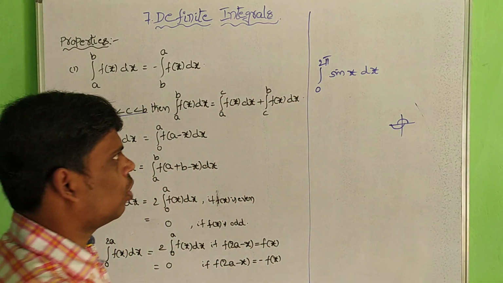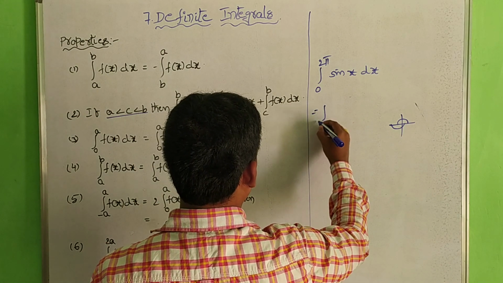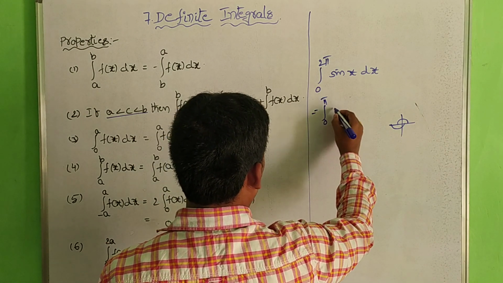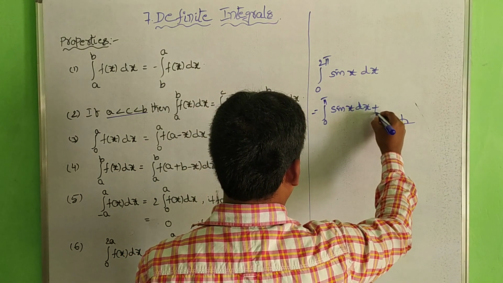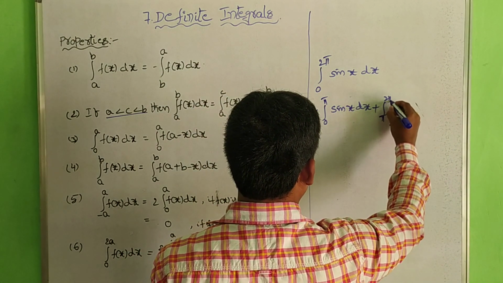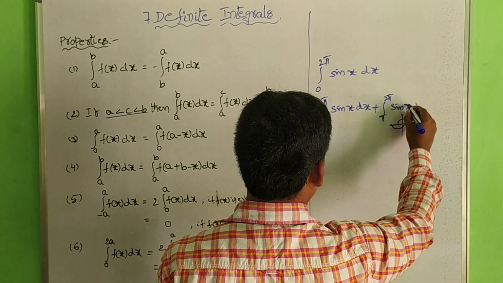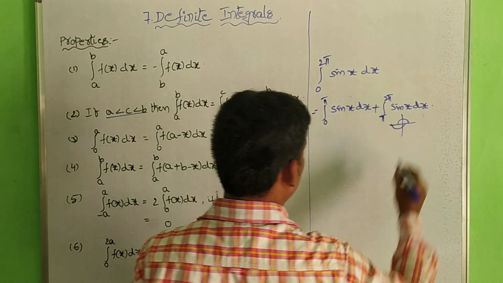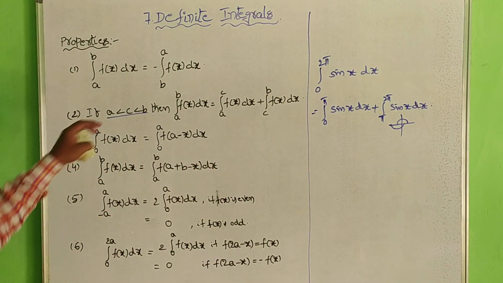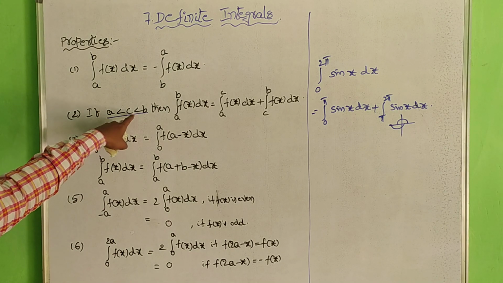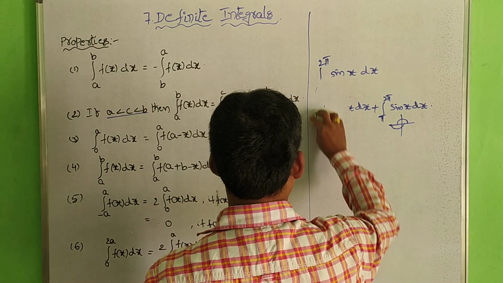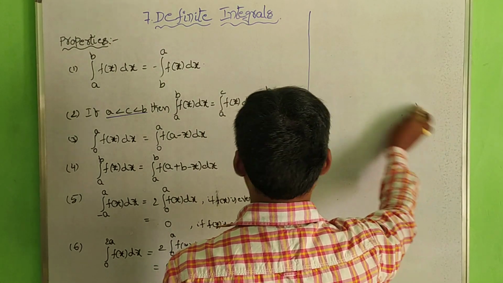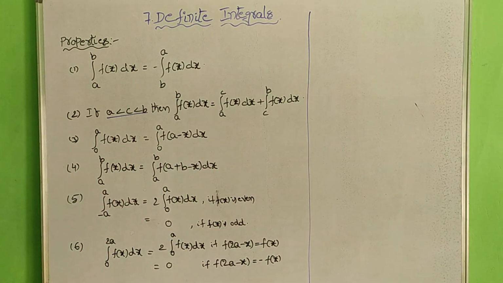So we can apply this one: integral 0 to pi sin x dx plus integral pi to 2 pi sin x dx. By using this property, we split 0 to 2 pi. Clear?